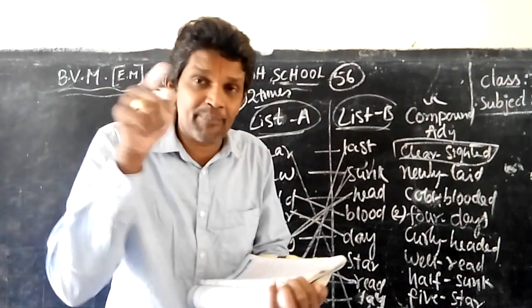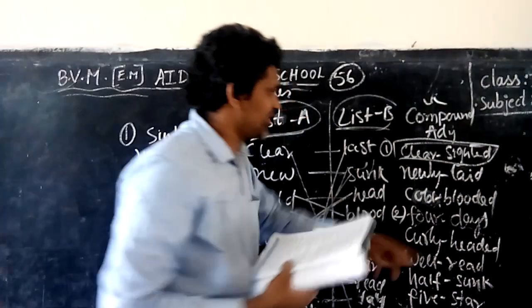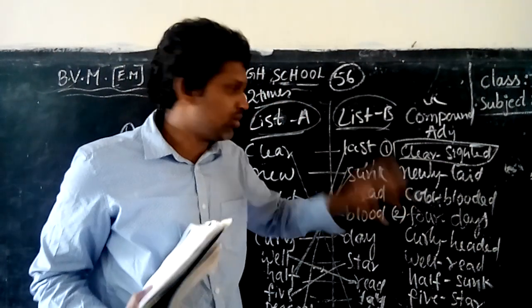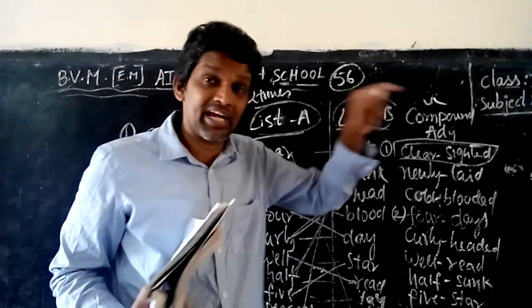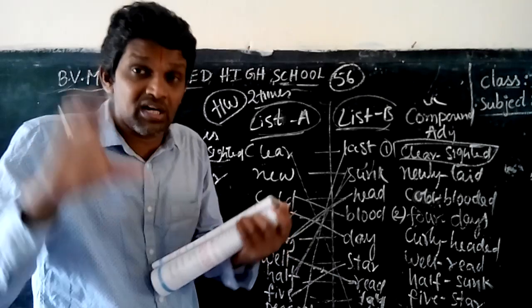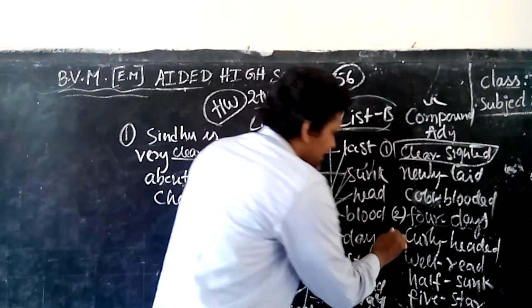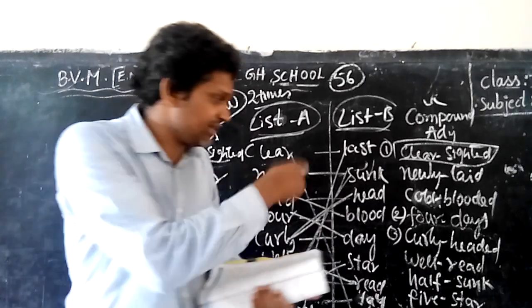You are describing a person. Already this one is over. This is also over. Newly laid, no. Cold-blooded, no. Curly-headed girl. So we are describing that girl. Curly-headed girl sitting under the tree is my sister. So that will be the right answer.